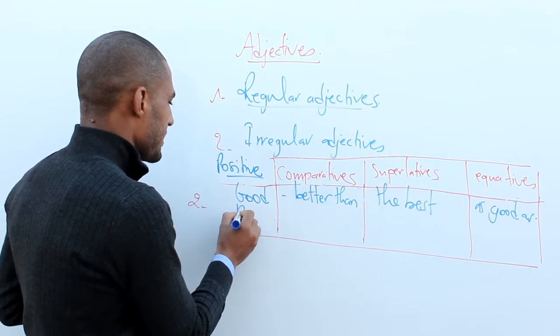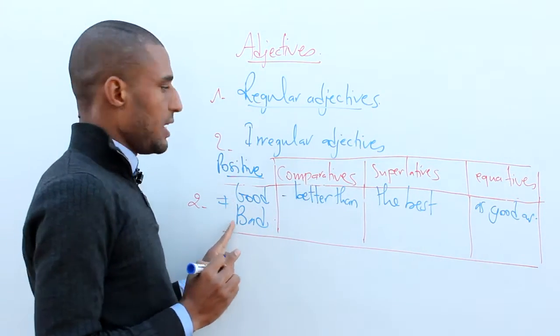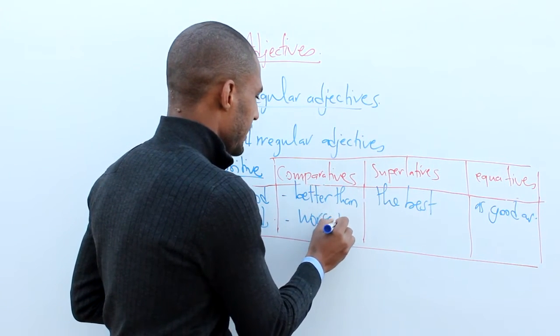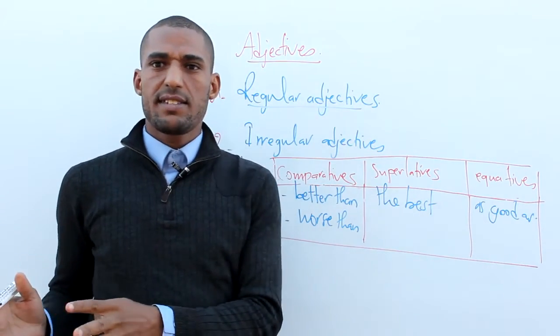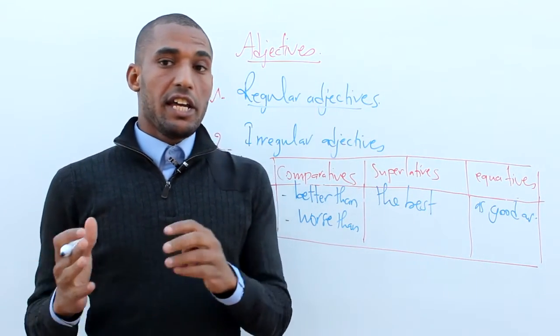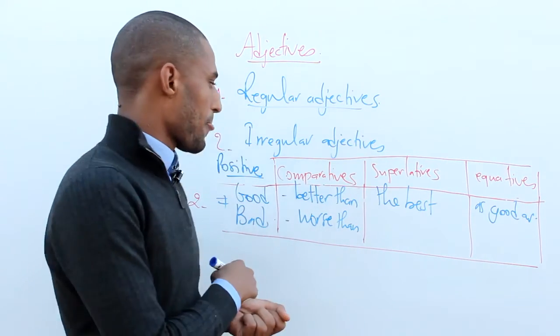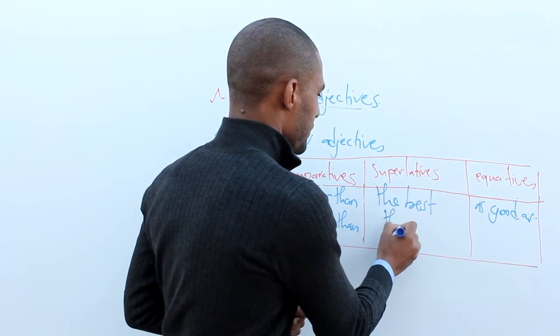Another adjective is, for instance, bad. It's the opposite of good, right? For the comparative form, we say worse than, right? This accident is worse than this one, right? And for the superlative form, we say the worst.